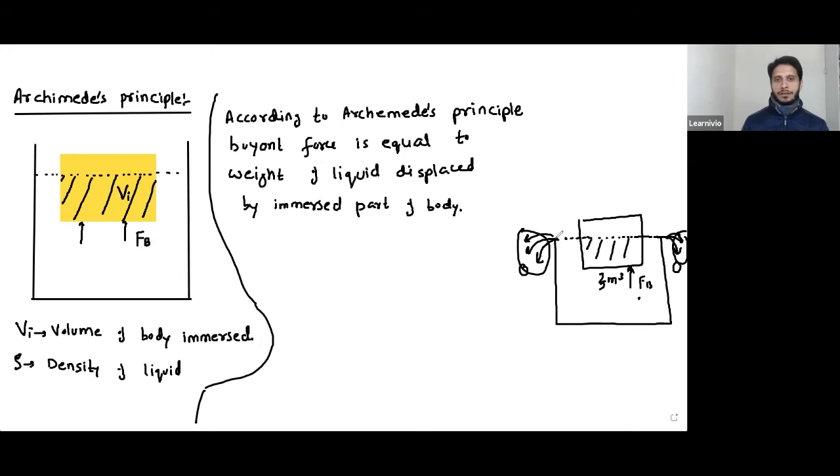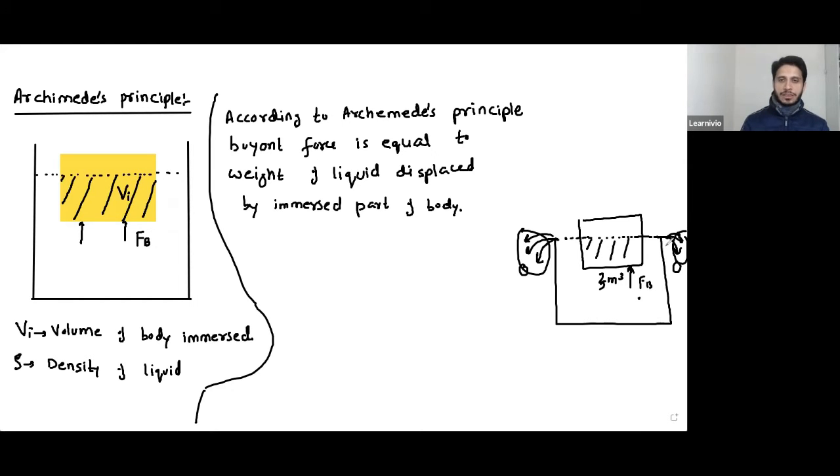I'm repeating again. Let's take a container that is full with the liquid. Immerse a body inside the container. When you immerse this body inside the liquid, this body will displace some liquid. Now, since the container was initially full, when it displaces some liquid, that liquid will spill and come out of the container. If you can collect this liquid, you measure the weight of this displaced liquid.